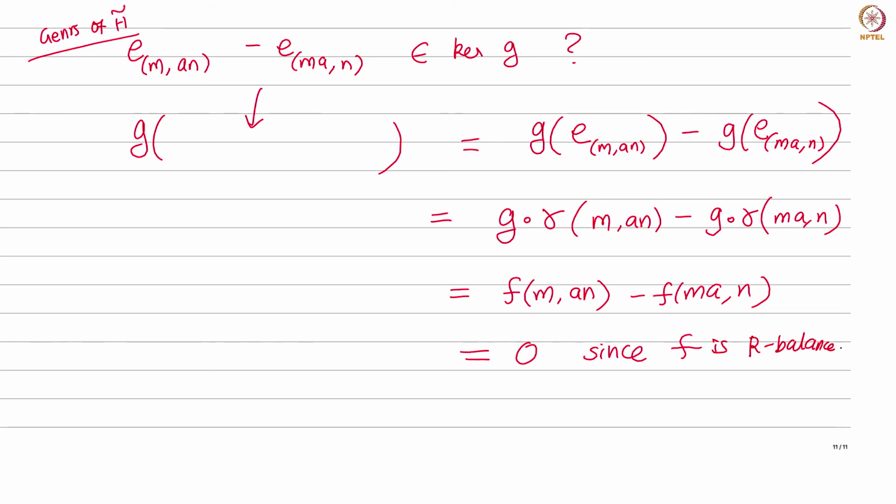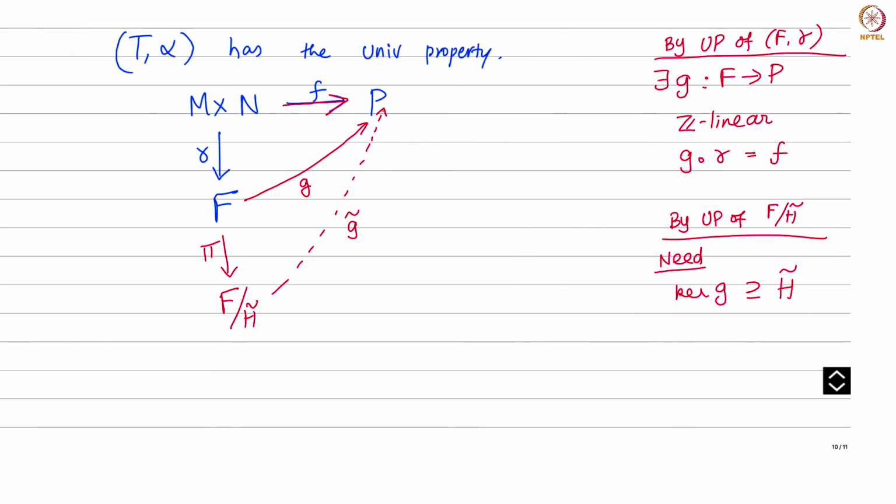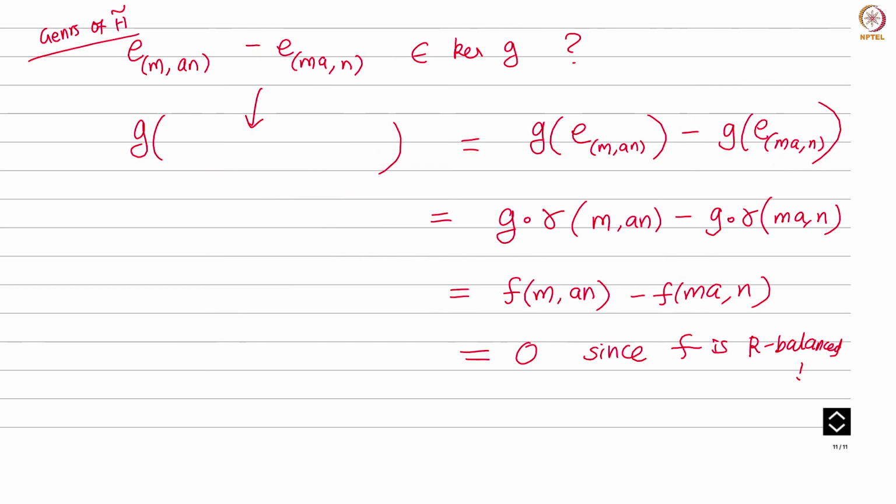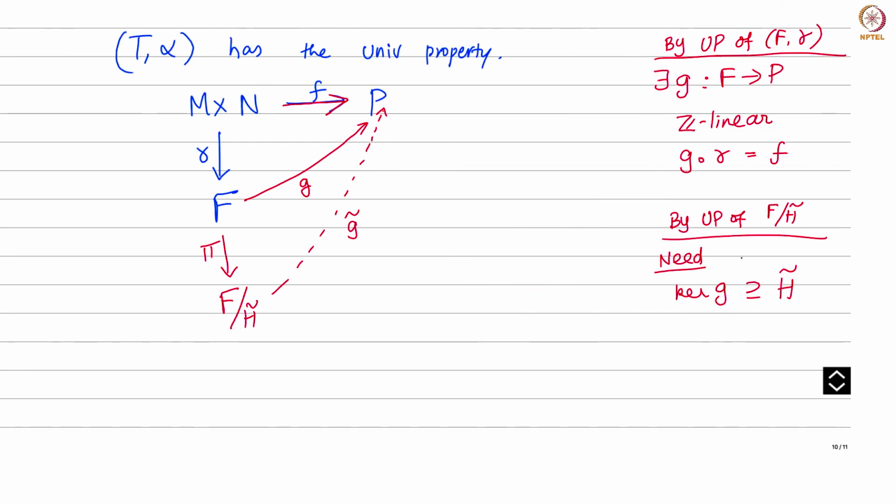We are only trying to show the universal property relative to pairs P comma F where F is R balanced. So because F is R balanced, this particular generator of H tilde in fact belongs to the kernel. So what we have shown is yes, it does. You have to check the other two kinds of generators similarly.